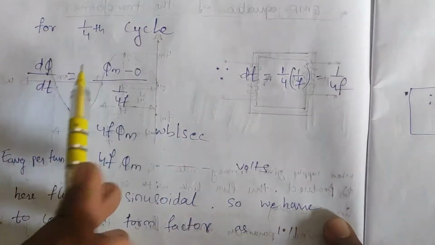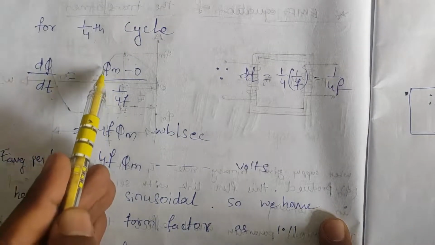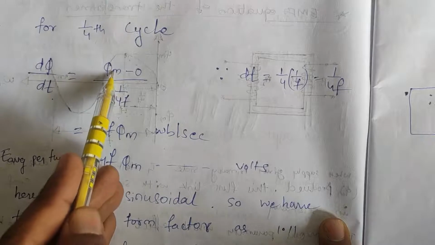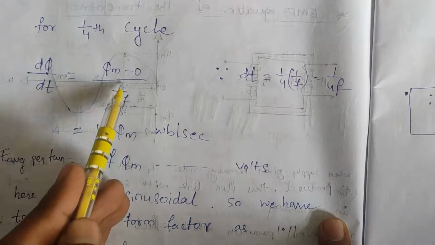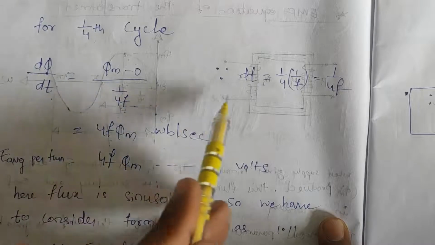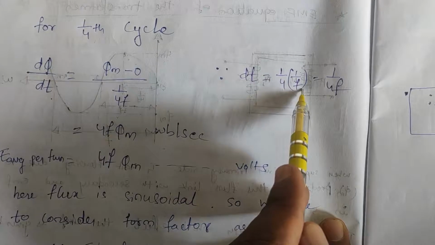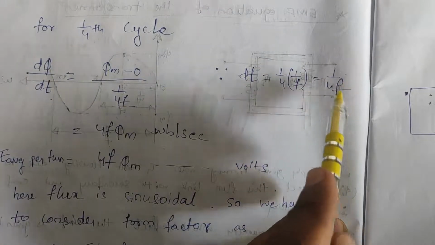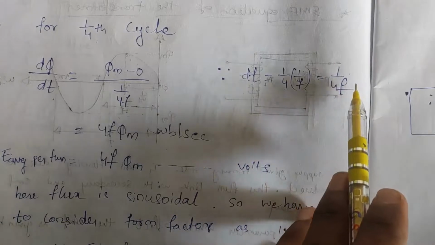This is the meaning of Faraday's law. Now we have to consider this much time. The flux changes from 0 to maximum flux, and the time change will be 1 by 4, so we only consider a 1/4 cycle.